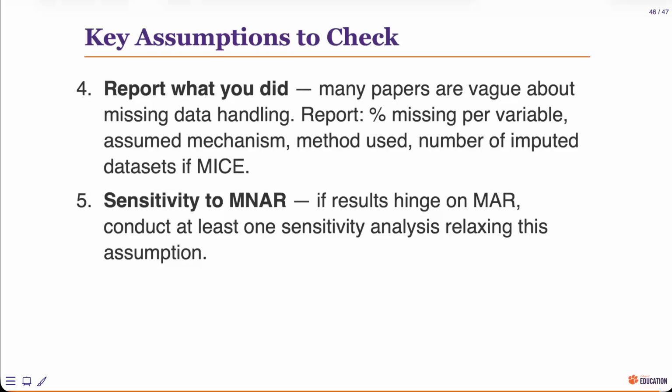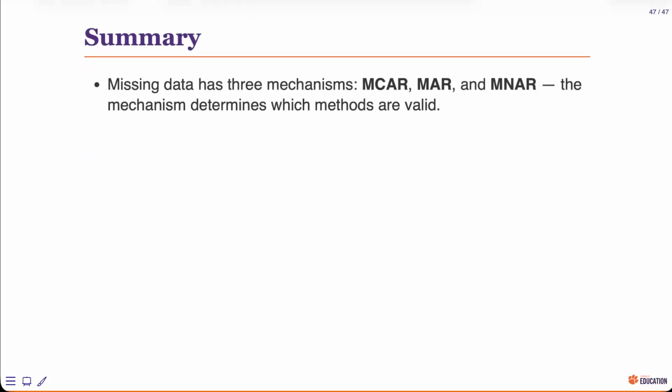But even then, if they change their machine or their architecture, the seed may not carry over. So it's important to describe how missing data were handled and the methods that you used. And you may need to check sensitivity to missing not at random, although that seems to be a bit more rare. So this has been a brief lecture on missing data.